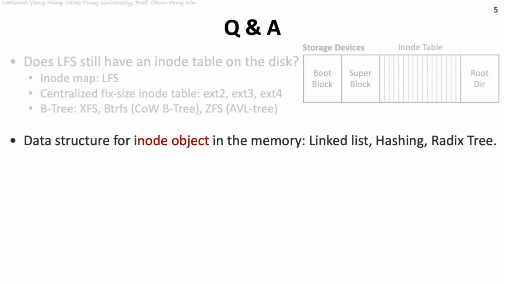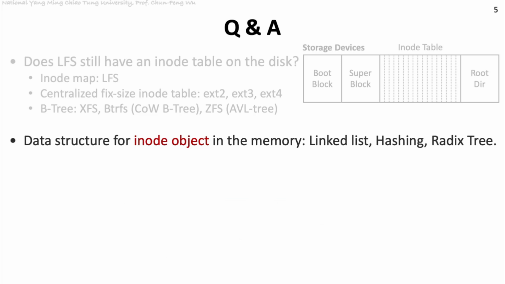After finishing the file system part on the disk, last week we talked about the virtual file system. There, we also talked about the inode and dentry objects, which are inside the memory, not on the storage.